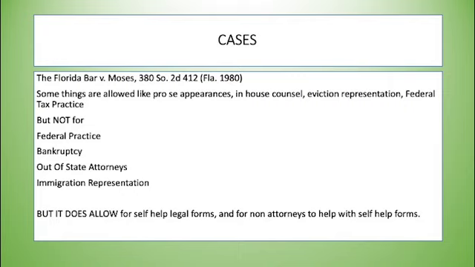But it also said that UPL is also not to be applied to anything in federal practice, bankruptcy, for out-of-state attorneys, immigration representation. It does allow for self-help legal forms for non-attorneys to help with self-help forms.